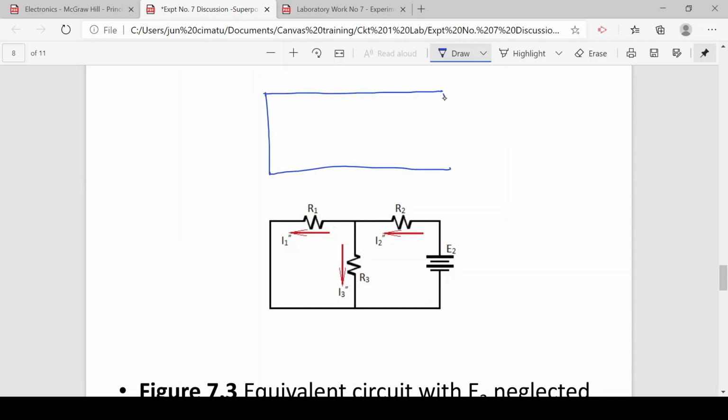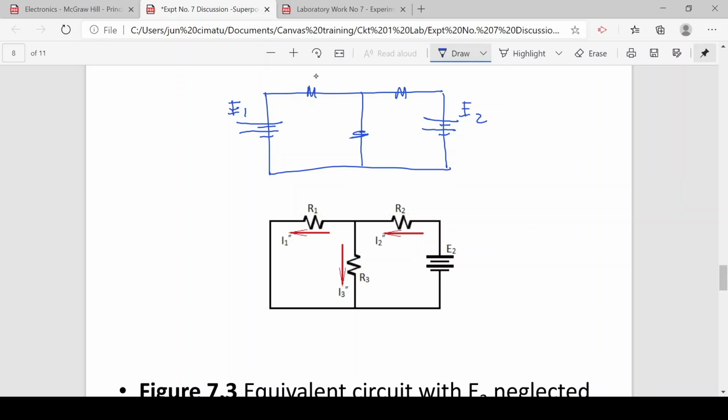When these two sources are present, their component currents simultaneously exist in the circuit, and there would be currents that oppose each other and currents that are along the same direction.